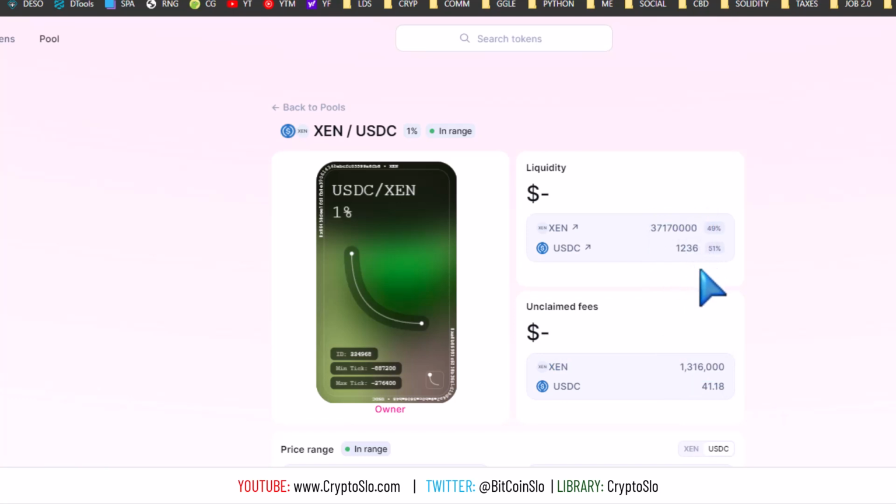So if the USDC goes up, it's going to gobble up some of my Zen coins. And ultimately, at the end of the day, on a long term, 4 to 8 year term, the concept of this is to get as many Zen as possible and never sell any.